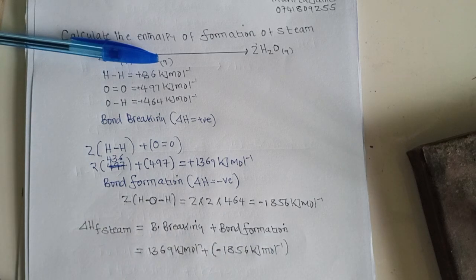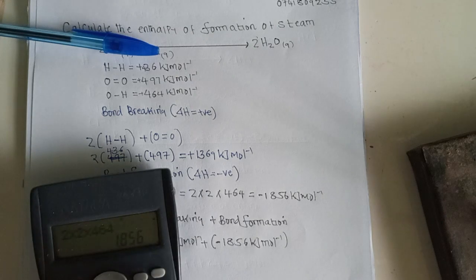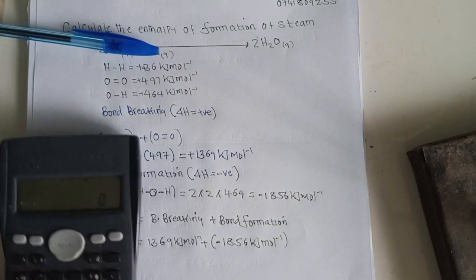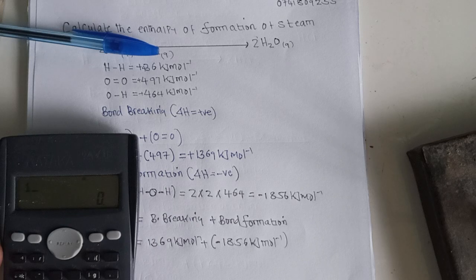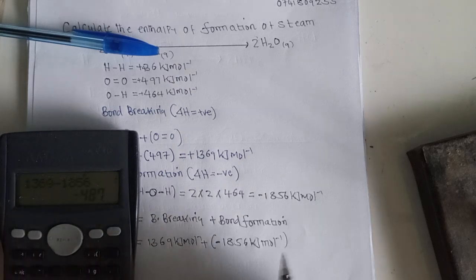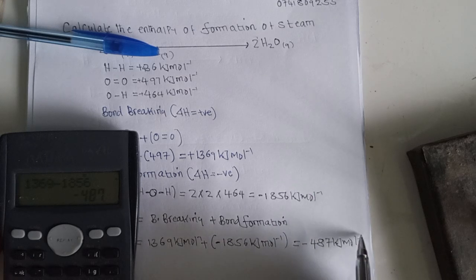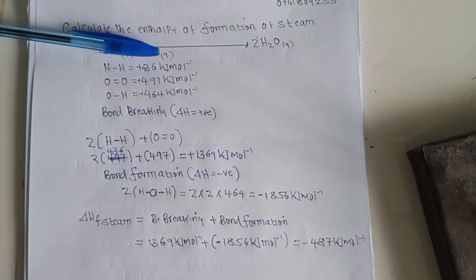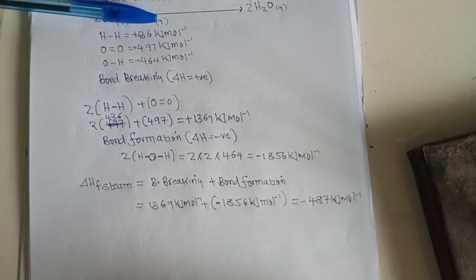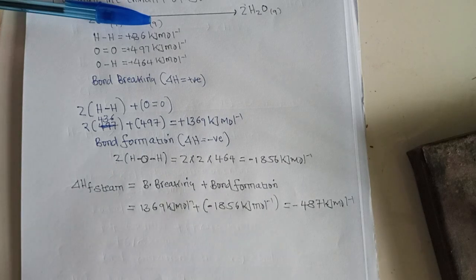Why is it negative? Because the reaction must be endothermic. So 1369 minus 1856, and we have the final value as negative 487 kilojoules per mole.